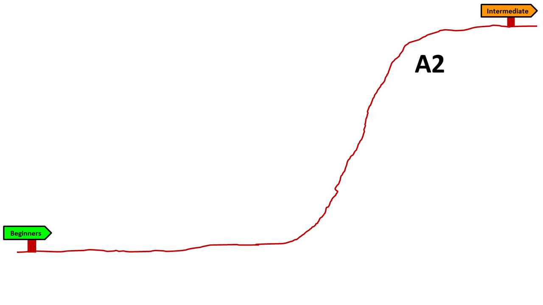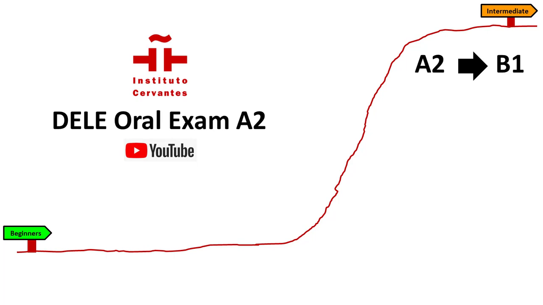So it's a relatively competent level, and then we will want to push you on to B1, which is the next level up, which is officially intermediate Spanish. We'd encourage you to have a look at YouTube to get an idea of what we're aiming at, and to have a look at an Instituto Cervantes DELE oral exam A2. Just have a look at that and you can see the sort of level that we're aiming at.